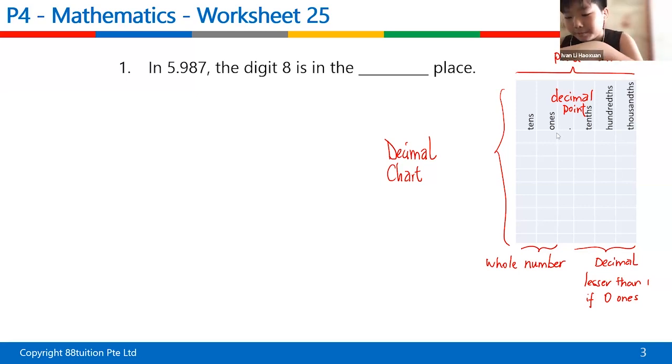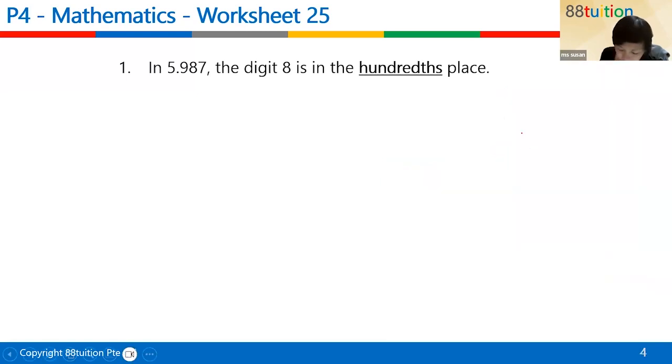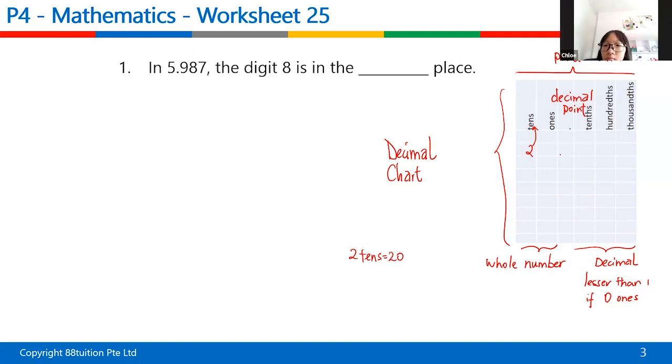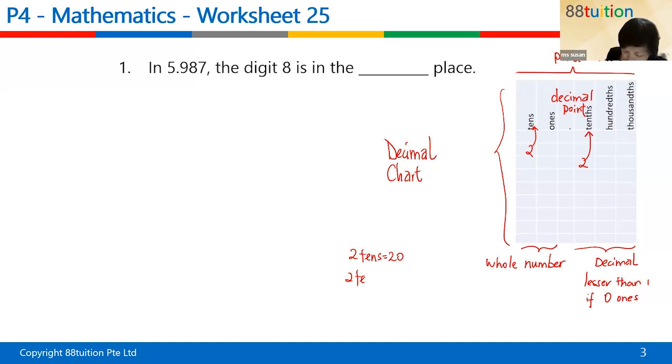If you have 2, that means this is 2 tens, which means 20. But what happens if I put my 2 here? Then it becomes 2 tenths. Anything with TH is a decimal. That means with no whole number, the 2 tenths will be 2 out of 10. Your 2 tenths will be 0.2.